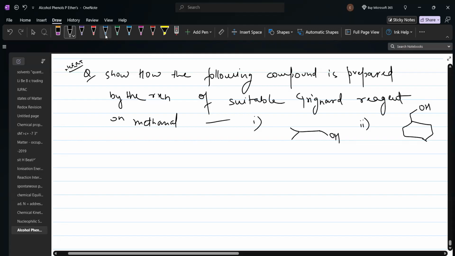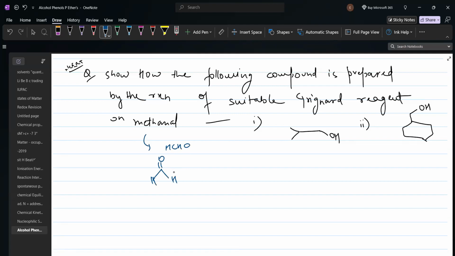Methanol is HCHO, so this is one of the substrates you have to use. What is the Grignard reagent you have to take so that you will form this compound and this compound? Understood the question? Yes, sir. Is the question clear to you?